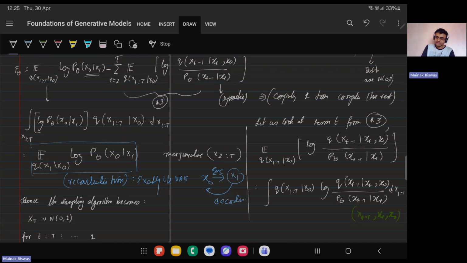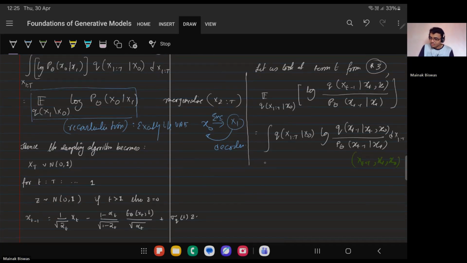If I do that, I can write this as marginalize q over all x's except t comma t minus 1. So you'll get the integral over xt comma xt minus 1, given x0, all between 1 to t.